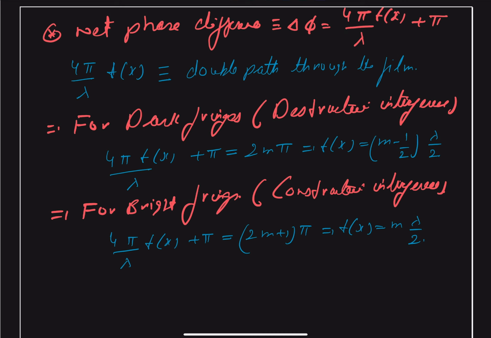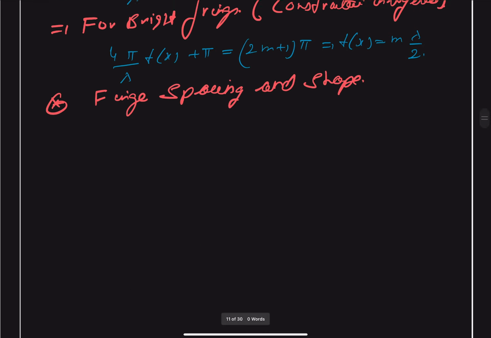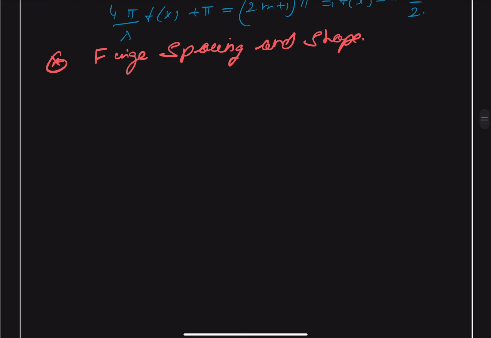And then we can find out what will be the fringe spacing and shape. We can calculate that we already know that our t of x is equal to x upon 2r.